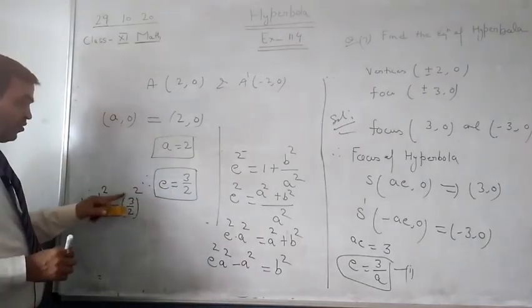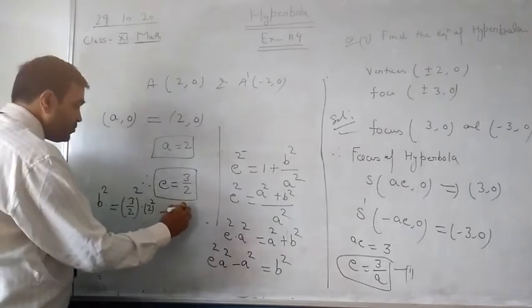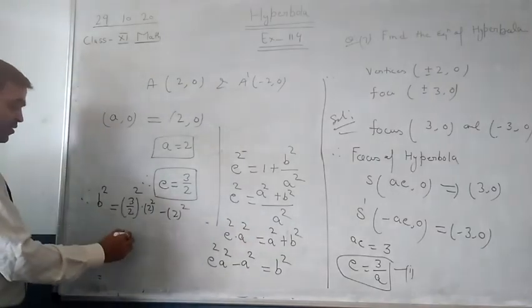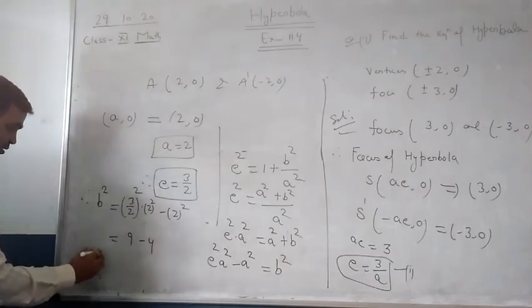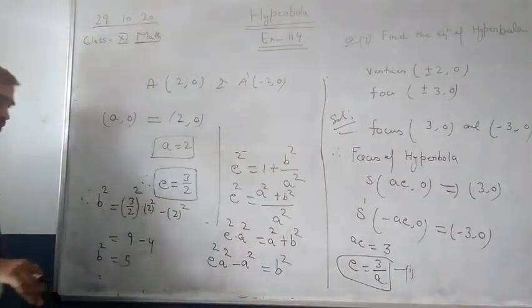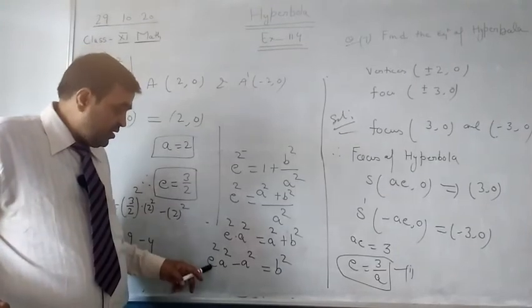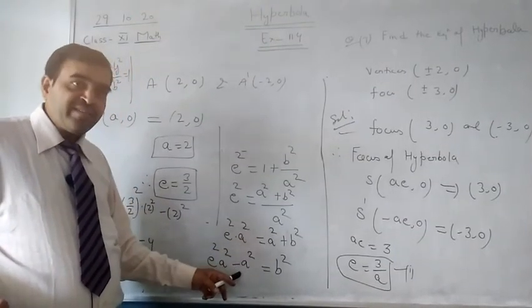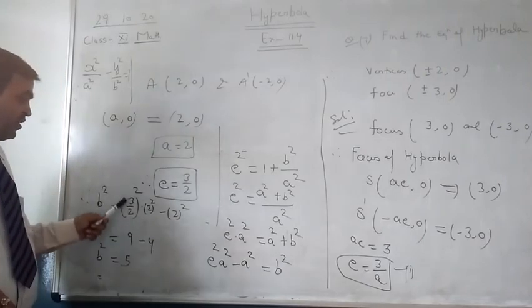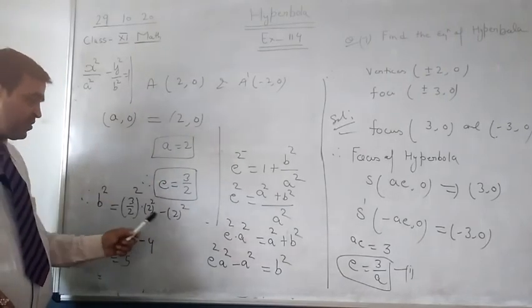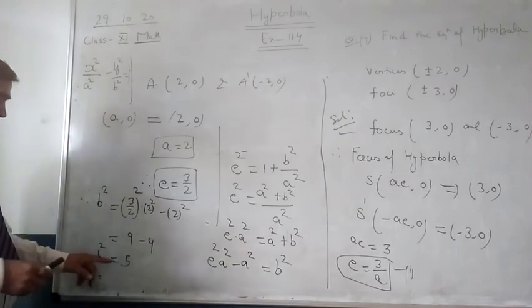Putting the value of e, 3 upon 2 whole square, into a square, 2 square, minus 2 square: 9 minus 4 equals 5. So b square equals 5.